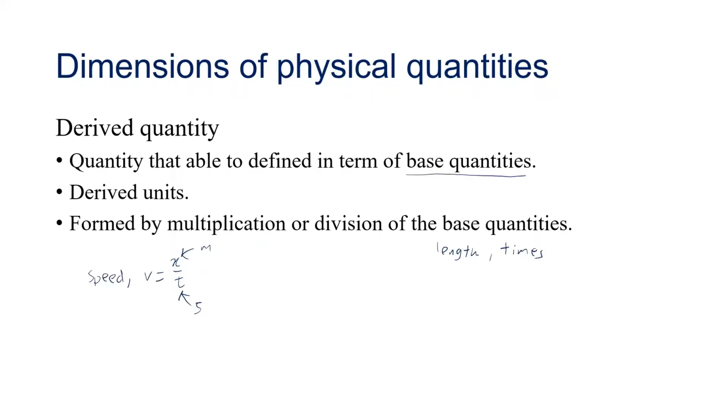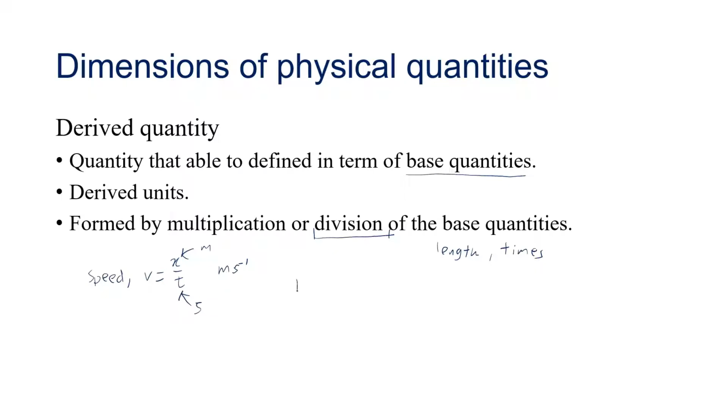Now you can see in this case this is formed by division, because x is divided by t, and they form the unit of meter per second, and this is formed by the two base quantities. Let's take a look at another example.